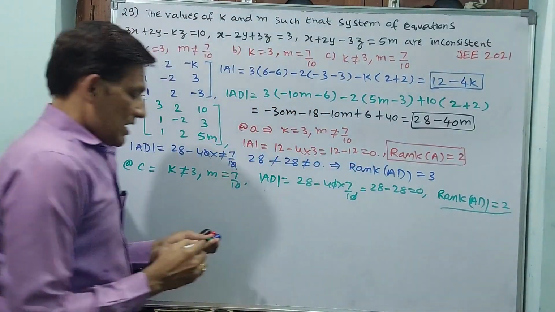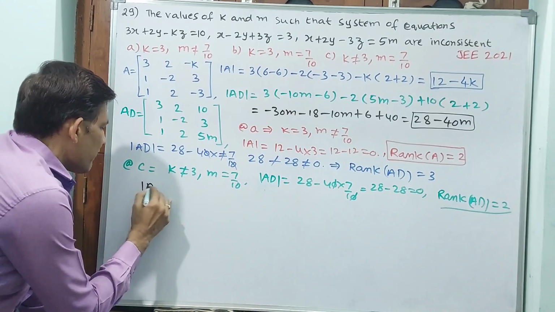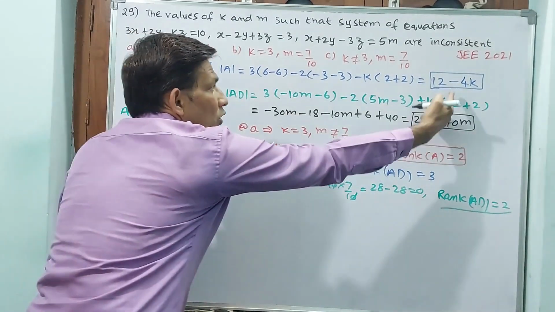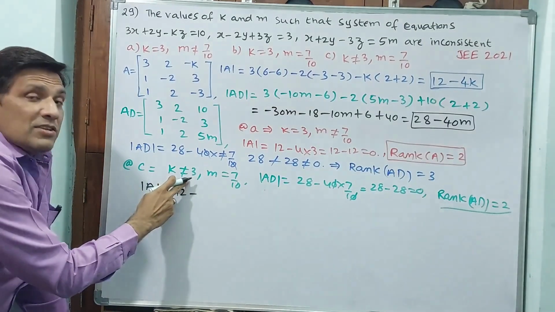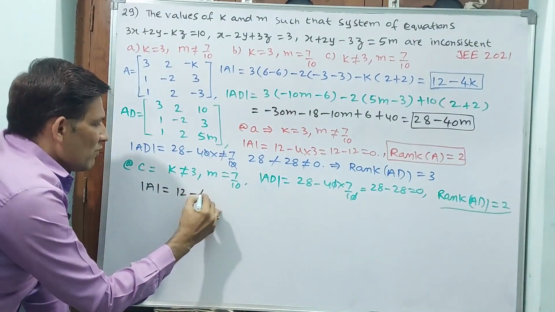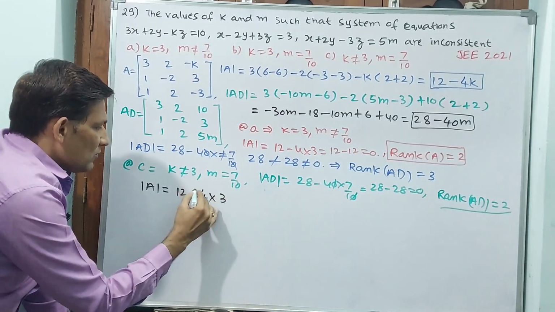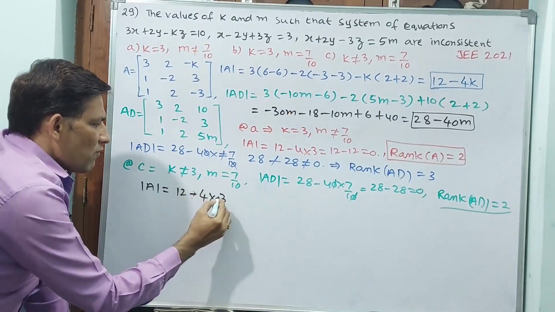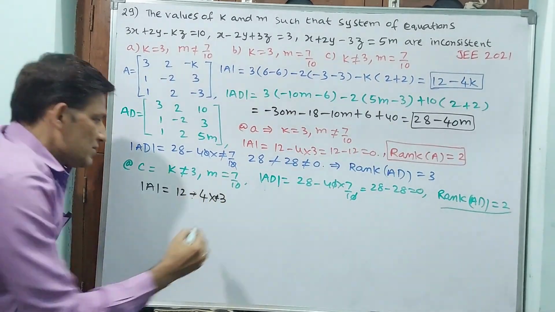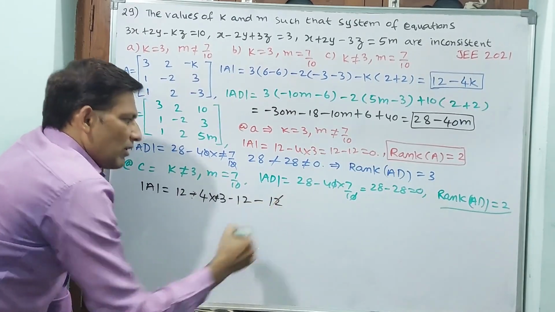Now come back again. Now determinant of A, 12 minus 4k. k is not equal to 3, that means 4 into not equal to 3, so 12 minus not 12.